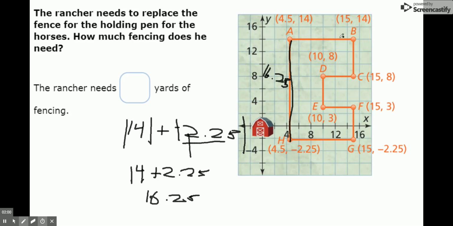And we want to continue to work all the way around here. So we go up here to AB, and in this one, your x coordinates are different, your y coordinates are the same. But in this case, we have two positives. So we have two of the same sign, and in that case, we subtract their absolute values. So we do 15 minus 4.5.